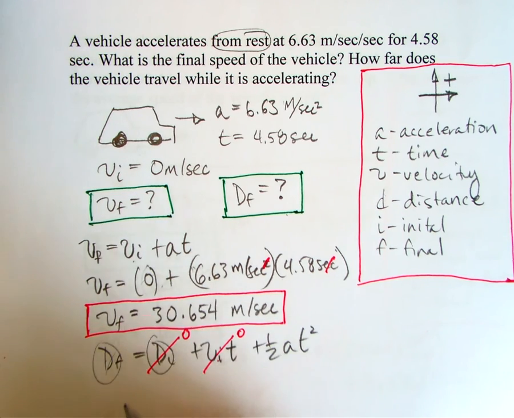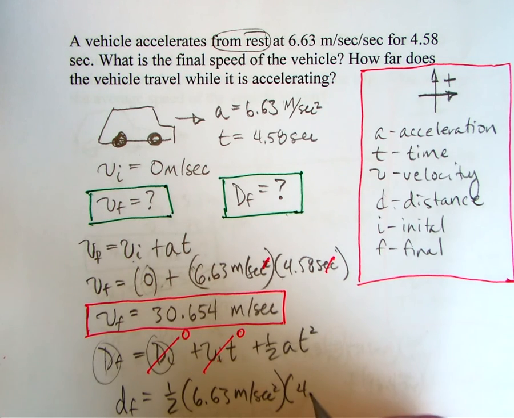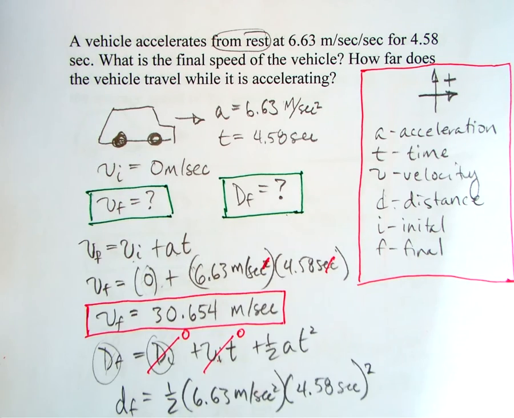Okay, so we're just going to say the final distance, swap into little letters because I put it up there. Okay, it's 1/2 the acceleration, 6.63 meters per second squared, times the time squared, 4.58 seconds squared. Don't forget the square.